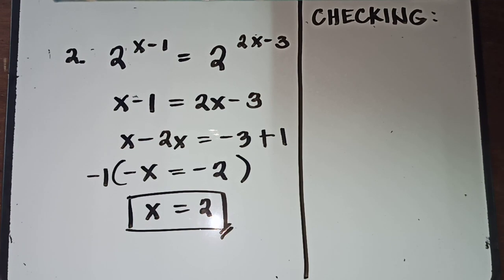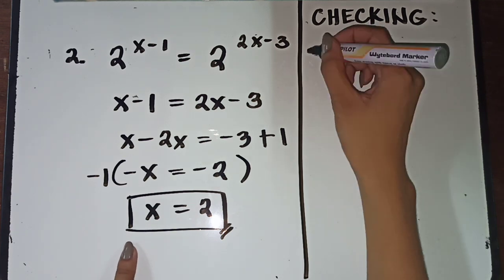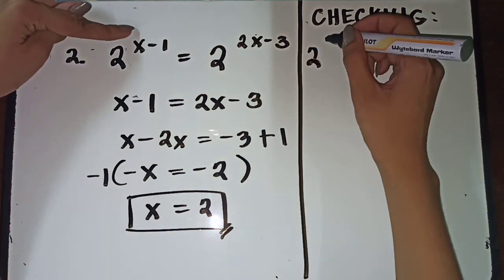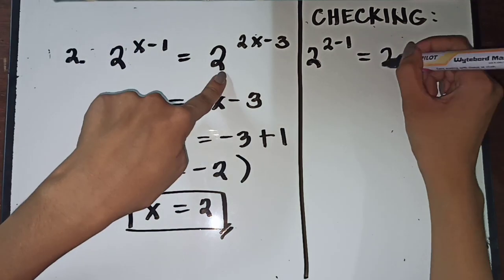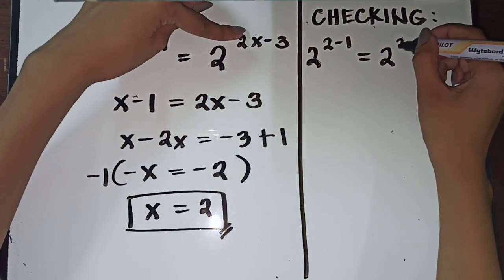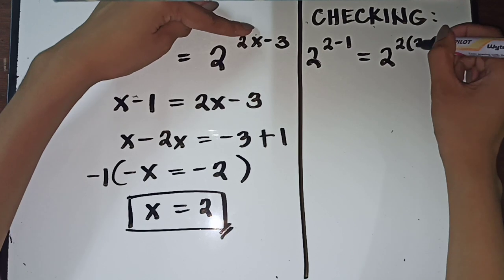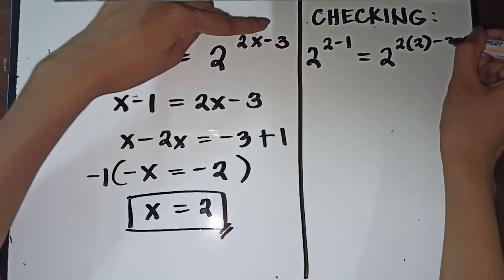Now, i-check naman natin kung tama ba yung nakuha nating value ni x. The value of our x is 2. Just substitute doon sa original equation. So, we have 2 raised to x minus 1, with x being 2, is equal to 2 raised to 2 multiplied by the value of x, which is 2, then minus 3.